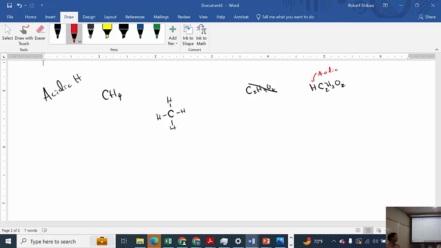How about these three hydrogens? These three hydrogens are not acidic. These four hydrogens are not acidic. What's the difference?